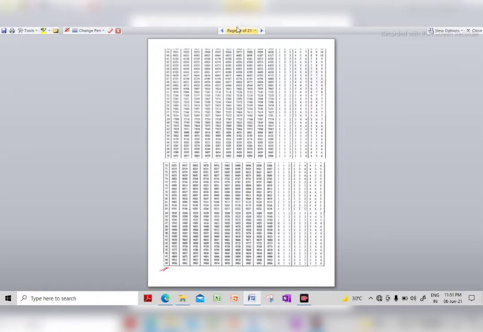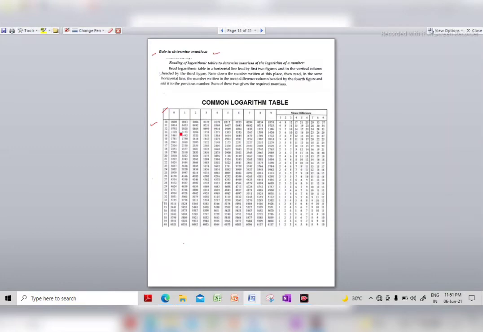Now let us see from the beginning how it works. In this first vertical column, the numbers start from 10 and go up to 99. In the first row, the numbers go 0, 1, 2, 3, 4 up to 9, and there is another column which we call mean difference.